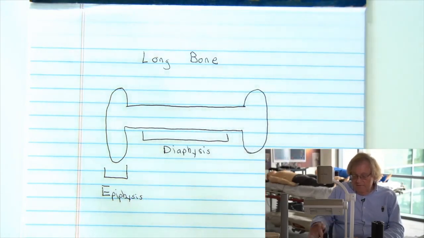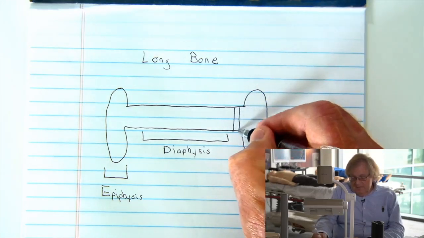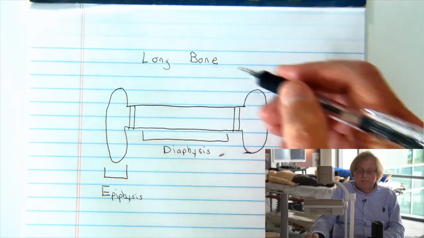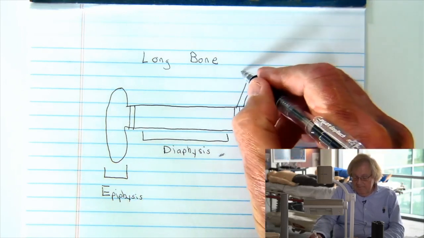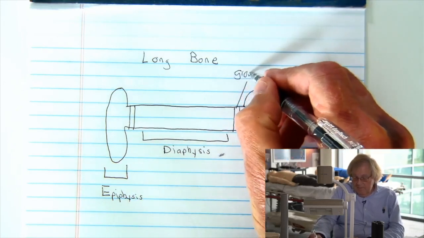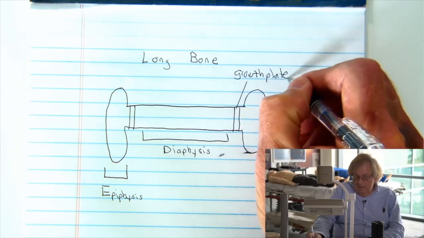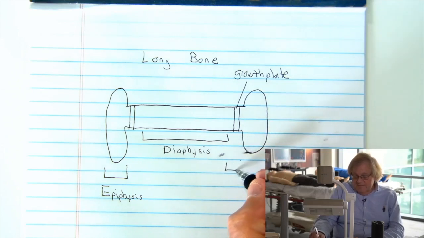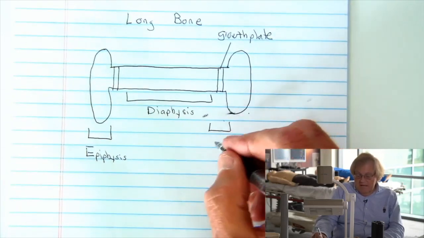I know that there's a region on either end of a long bone that disappears with age, called the growth plate. There's an area between the epiphysis and the diaphysis, a term that's not used as much as it used to be, called the metaphysis.